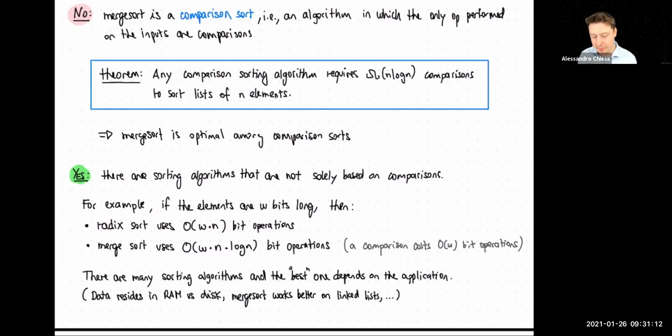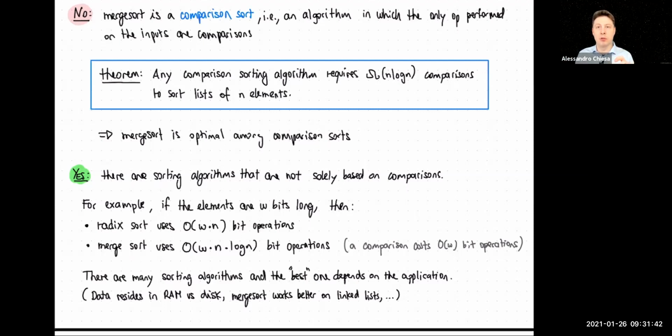Elementary operations on bits. And if you think about it, merge sort actually costs more than that, because a comparison requires you to look at all of the bits. If you're comparing 2 integers of W bits each, then performing a comparison costs order W bit operations. You start from the most significant bit; if one of them is 1 and the other is 0, then you already know the answer.